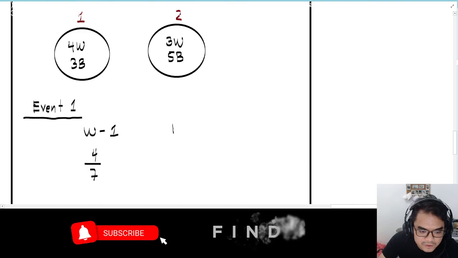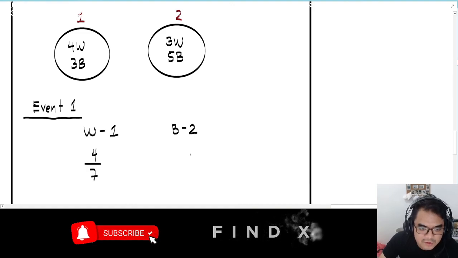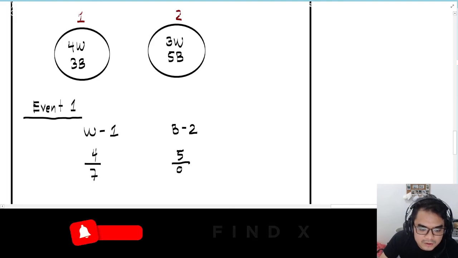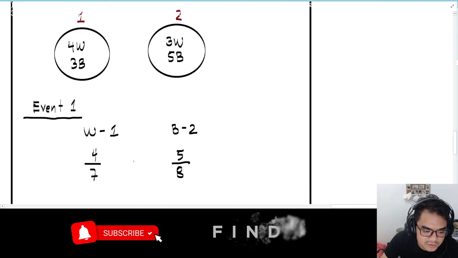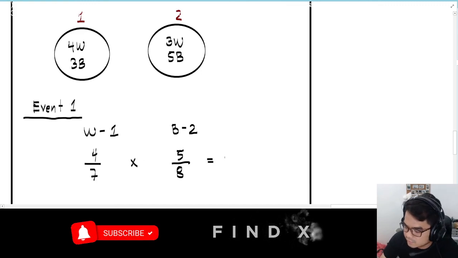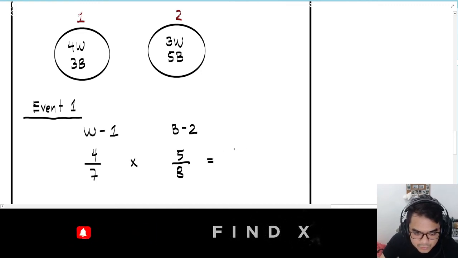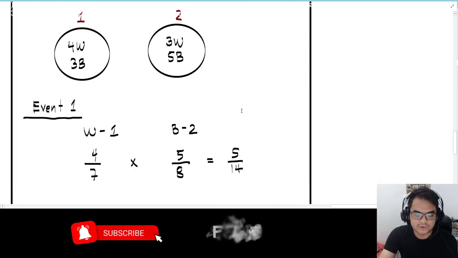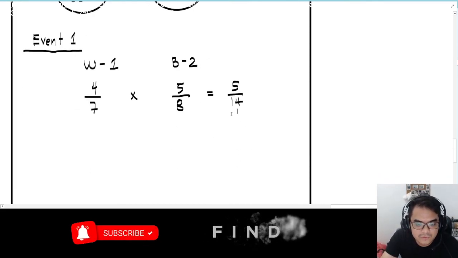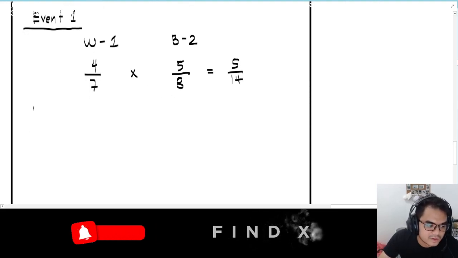And then for the black on the second urn is 5 over 8. Therefore, these two must happen simultaneously, so you have to multiply this. And then this is equal to 5 over 14. I think that's 20 over 56 divided by 4. Yep.